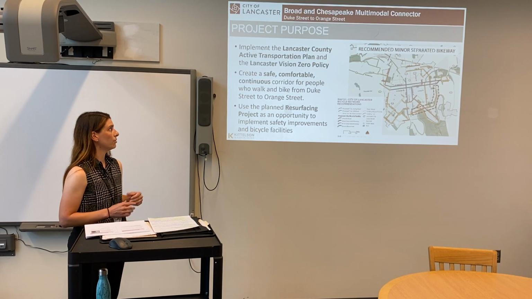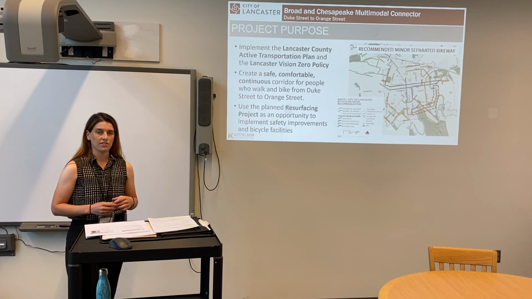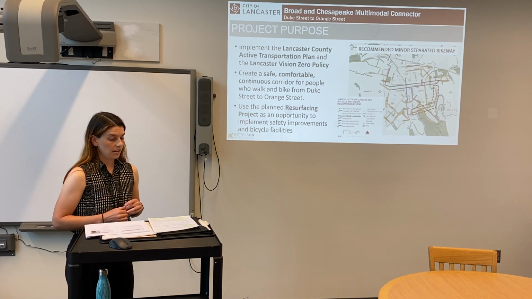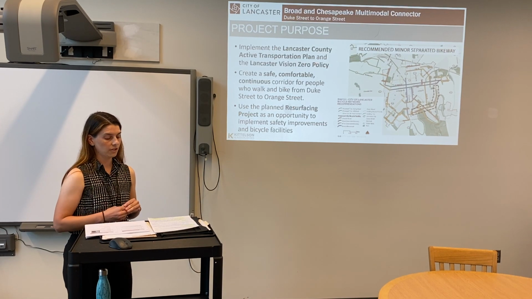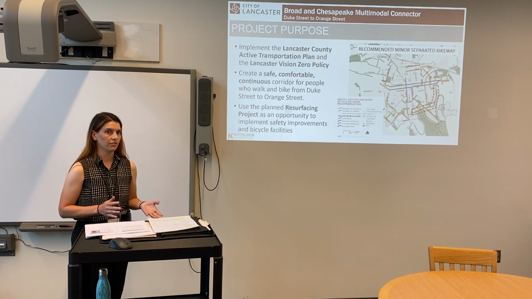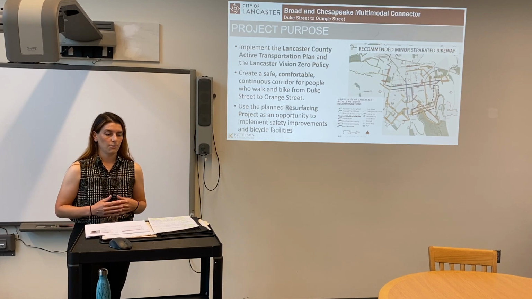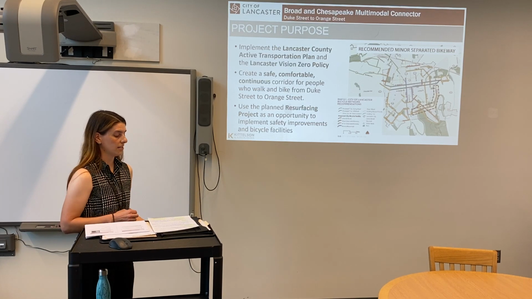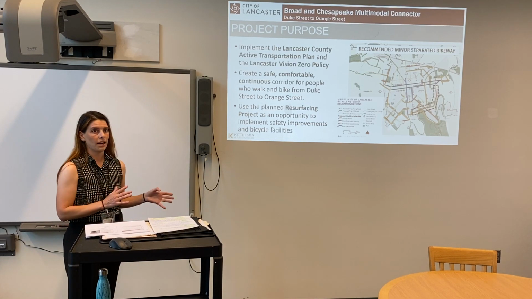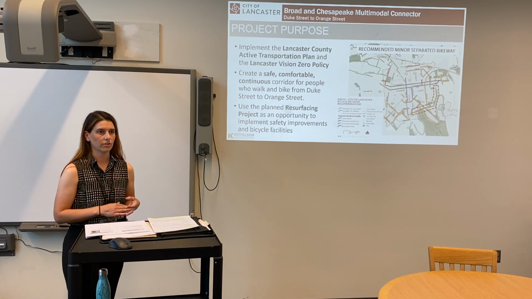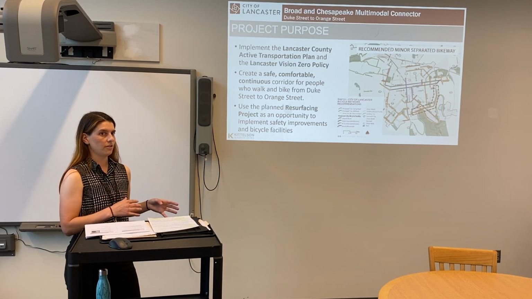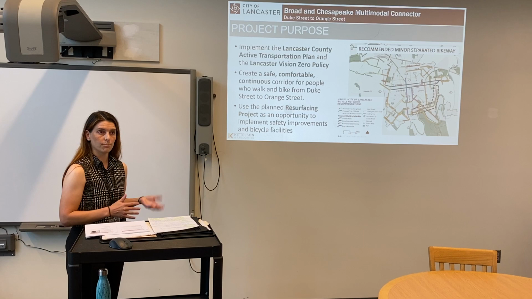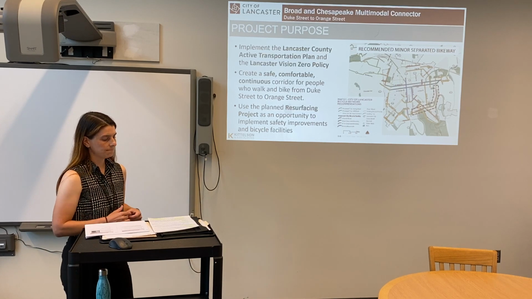We also want to implement the Lancaster Vision Zero policy. This focuses on reducing vehicle speeds and improving safety for all roadway users, but especially for people who walk, bike, and take transit. There's also some high crash locations along the corridor, so we're looking to address those and incorporate those improvements as a part of our project.